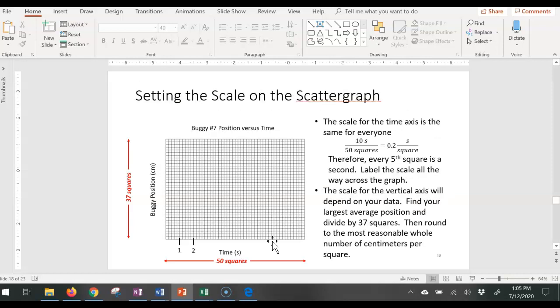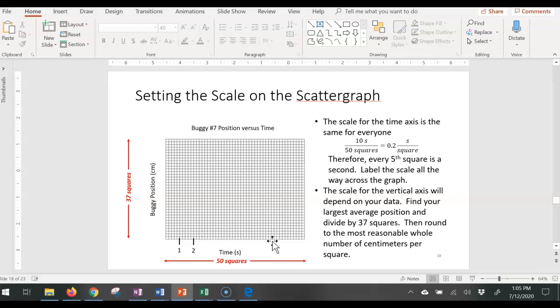Then you're going to have to figure out the scale for your graph. Now on the time scale, that scale should be the same for every team, every person. Everyone is using the same levels of independent variable, and so we need to show time going out to 10 seconds.